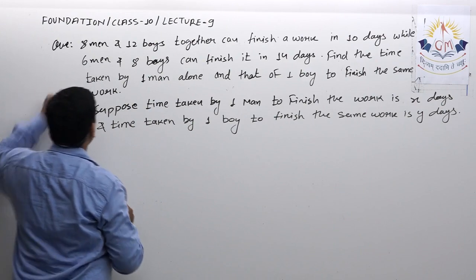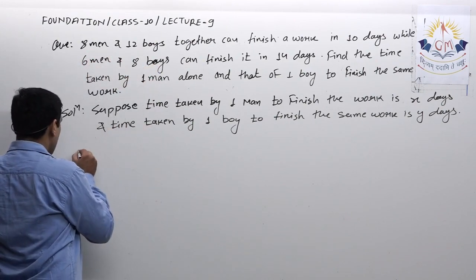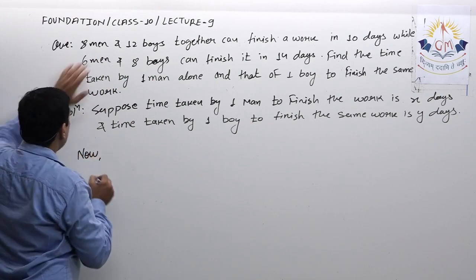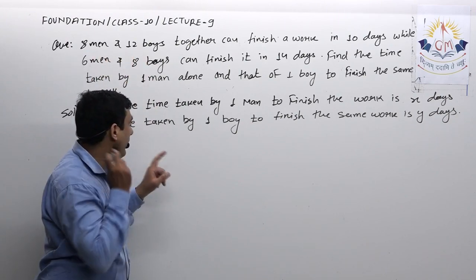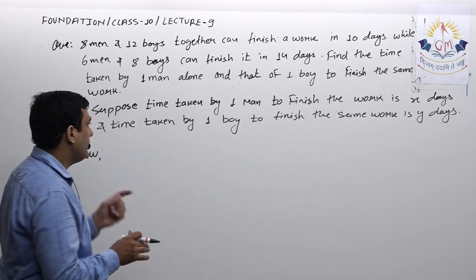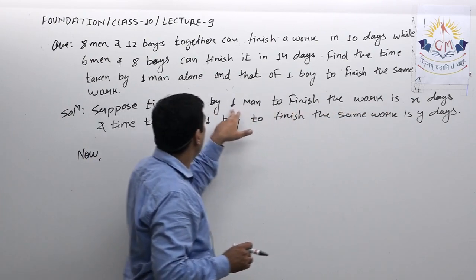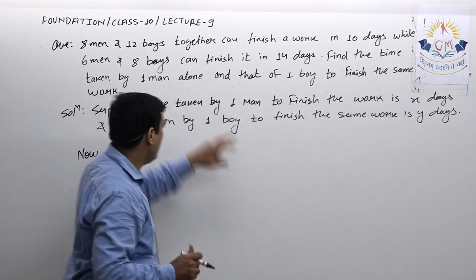So now in the question it is given 8 men. Okay, so we come to this question, but now first we'll find the time taken by one man to finish the one work. So here it says in x days one man can finish one work, isn't it?